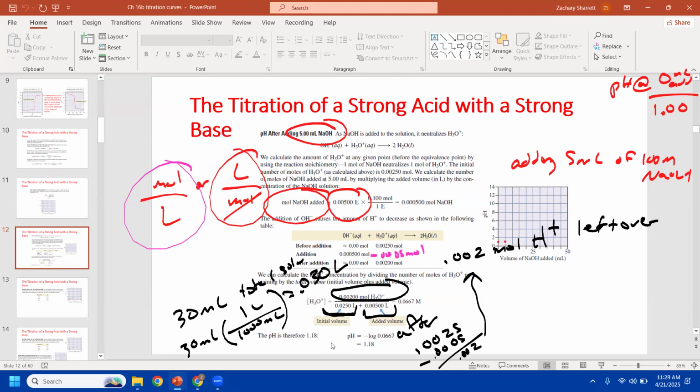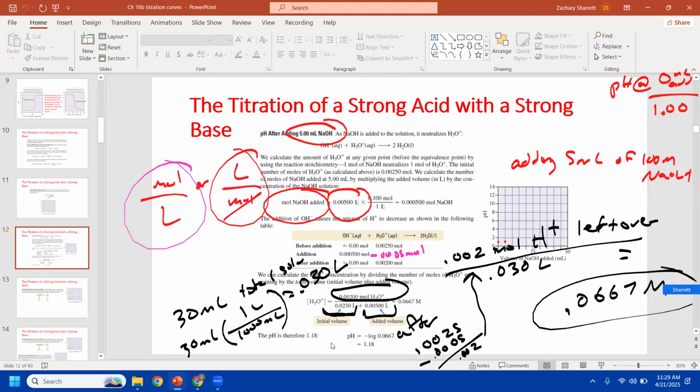0.02 moles of H plus left over divided by 0.03 liters gives us a molarity. Someone punch that into your calculator. What did we get? Let's think about this.